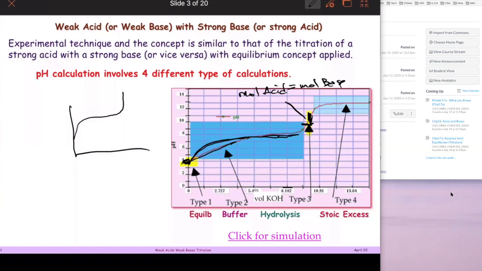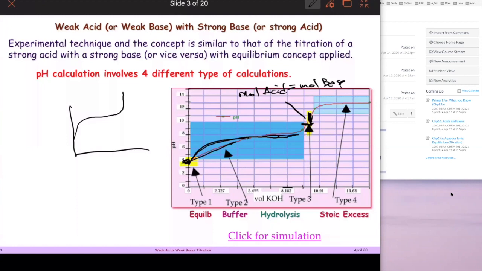The conjugate of that acid forms hydroxide, and that makes the solution basic. That's why the pH is going to be above 7, especially when you're titrating a weak acid with a strong base. The product that forms at the equivalence point is a base, and in water, that base generates hydroxide, so it's going to be above 7.